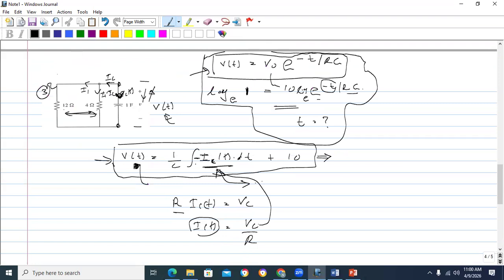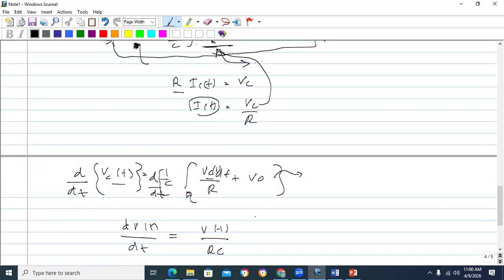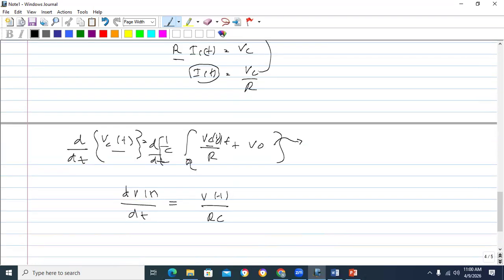You have to put minus here. So the actual differential equation is dVt/dt plus 1 over RC Vt equals 0. This is the differential equation.